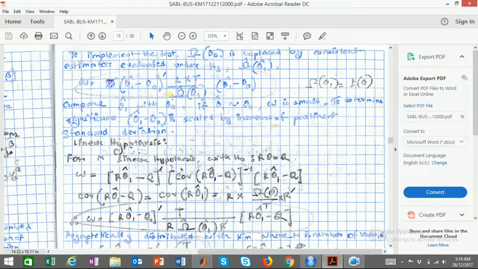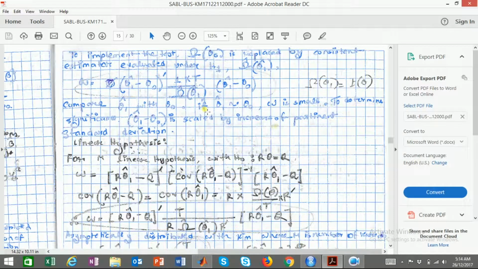So the Wald test is theta 1 minus theta naught transpose, V, theta 1 minus theta naught. Instead of V inverse, we can write T divided by omega theta 1 hat, because V equals omega theta 1 hat divided by T.